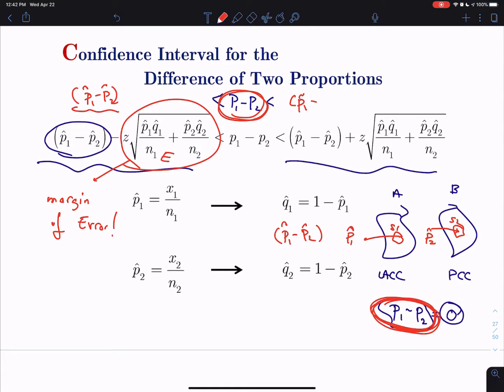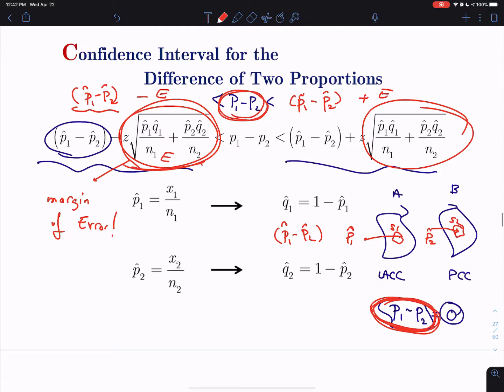And obviously it's always a plus or minus, right? For the tolerances, it will be minus some error, plus some error. So the actual formula is the difference between sample percentages plus or minus an error, which will give you a nice estimate for the difference of the actual percentages of the population. So that's the concept. That's why we're doing what we're doing.